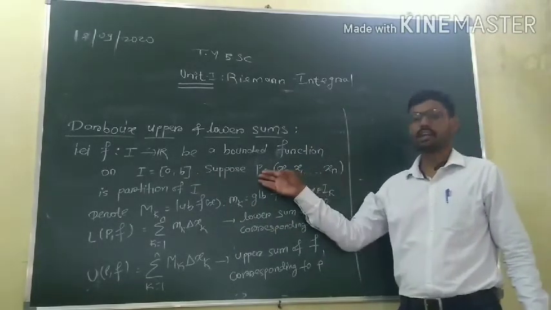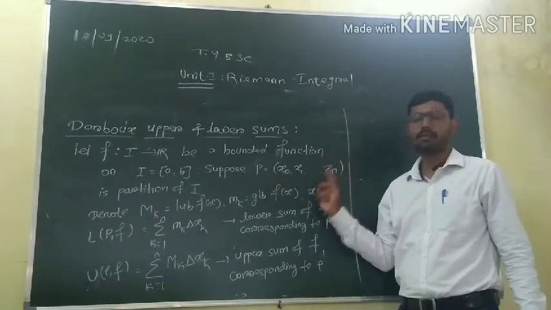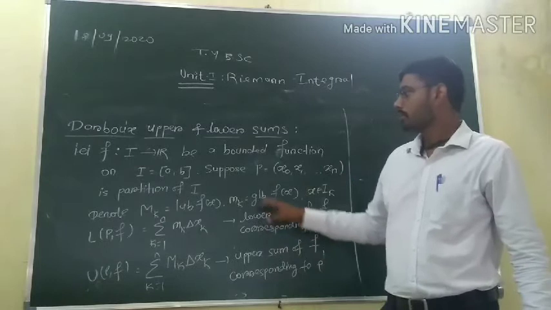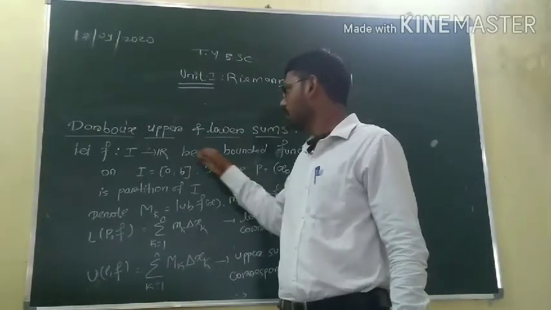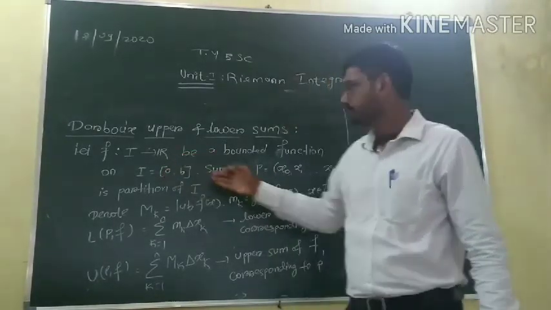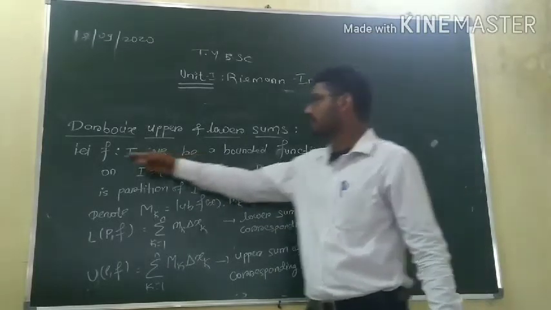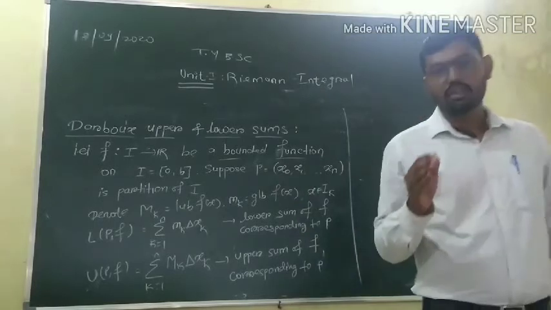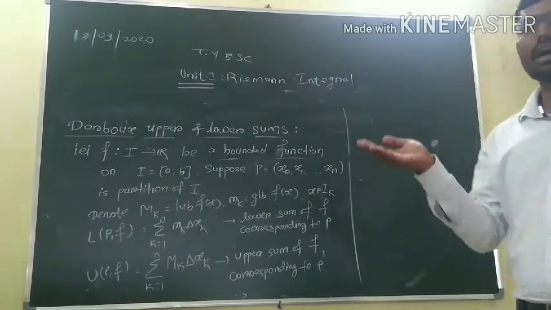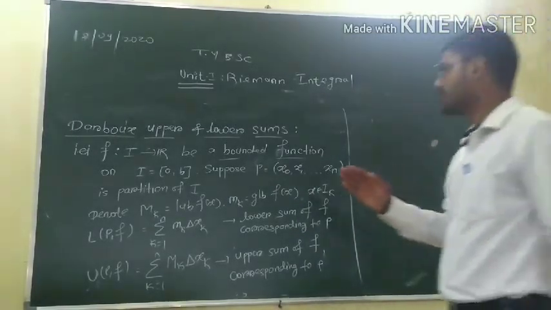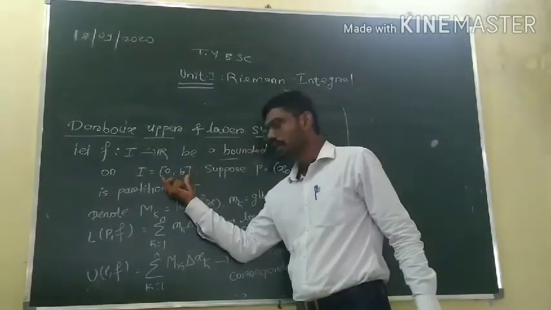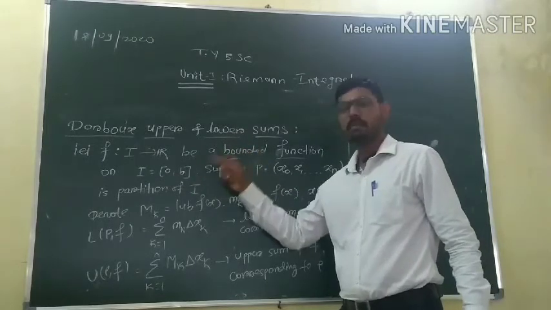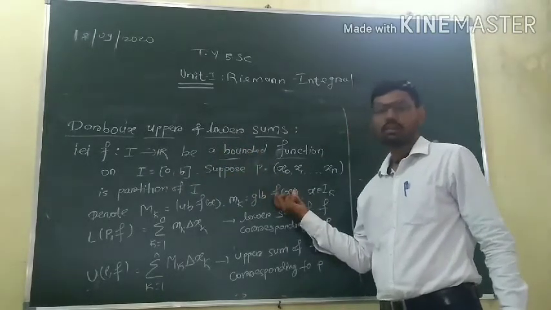We have taken a general partition containing n elements, so n plus 1 points x0, x1 up to xn. This is the partition of this interval I. Now, since our function here is a bounded function, that is, the function has some upper bound and lower bound, and since the function is bounded on the whole interval, the function must be bounded on each subinterval.